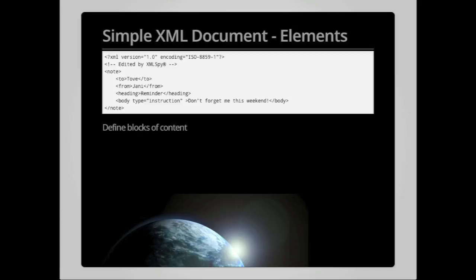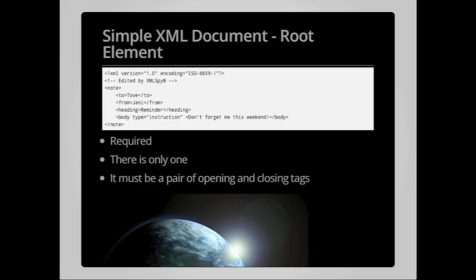Elements in an XML document essentially define blocks of content generically. The root element is a particular type of element within an XML document. First and foremost, it is required.